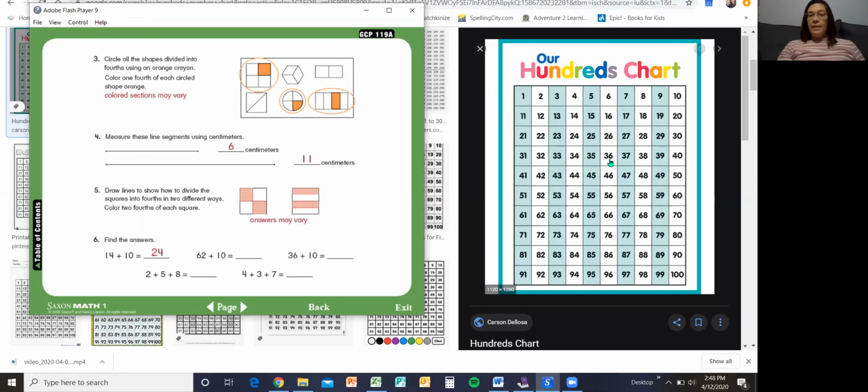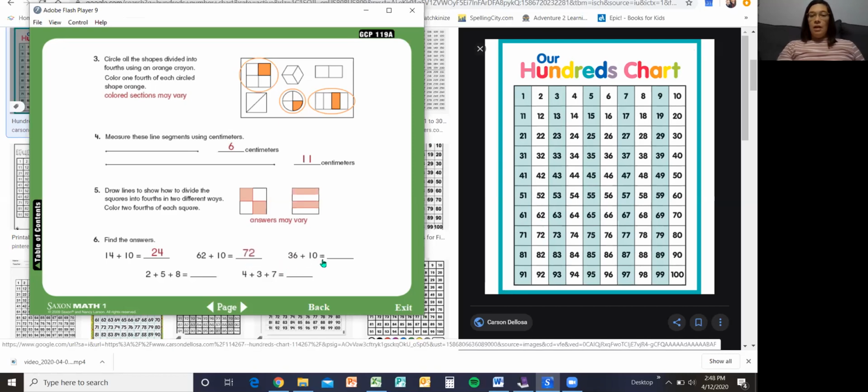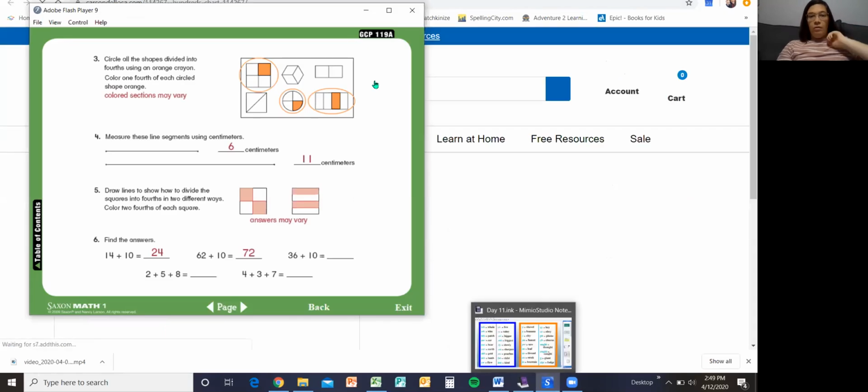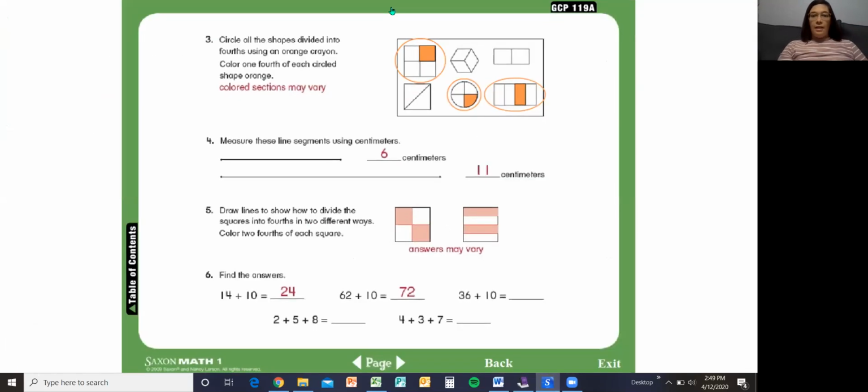Okay, 62 plus 10. Well, I'm going to find 62 on the chart. There's 62. I'm going to go down to the next tens. 62 plus 10 is 72. Right? 36 plus 10. 36 is here. I'm going to go down to the next set of 10s. 36 plus 10 equals 46. Whoa! Where did everything go? All right. And then 36 plus 10 is 46.